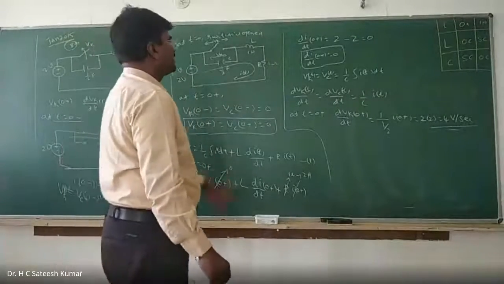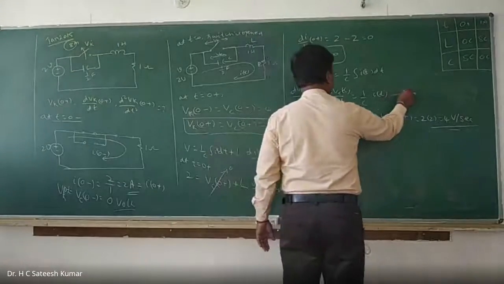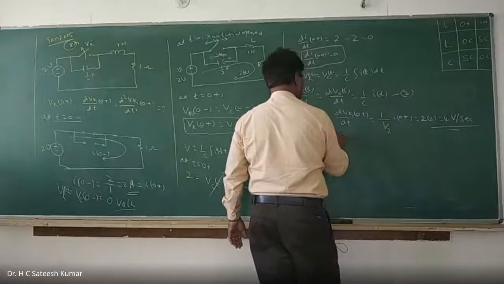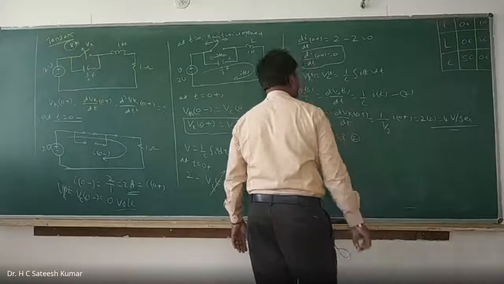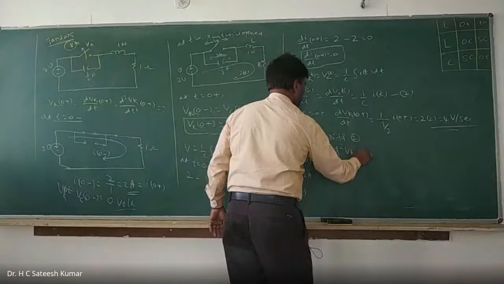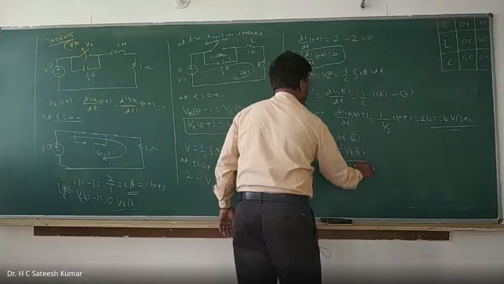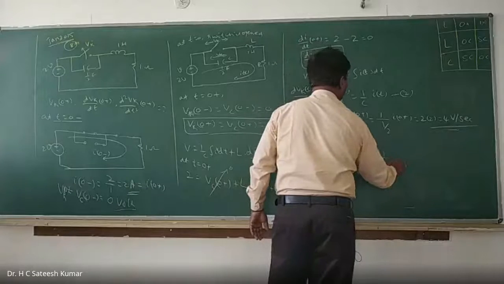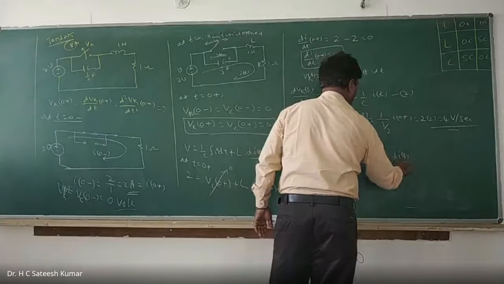Now, the next one is very simple. Once again, call this equation number 2. Differentiating 2, what will you get? d squared Vk of t divided by dt square is equal to 1 by c into di of t divided by dt.